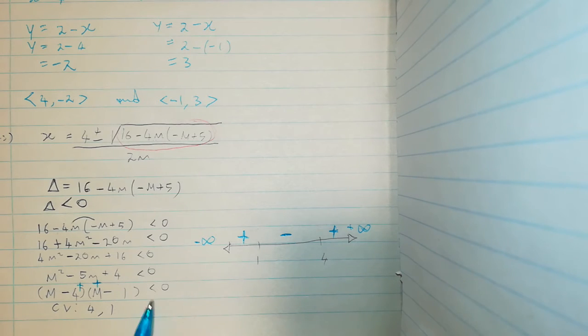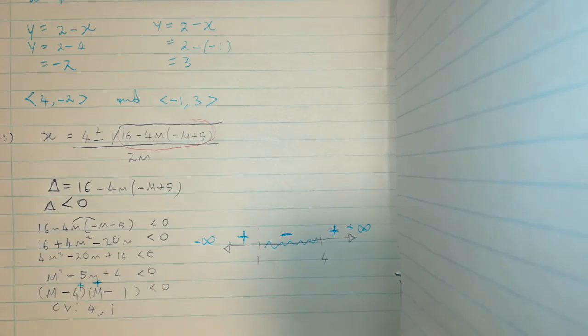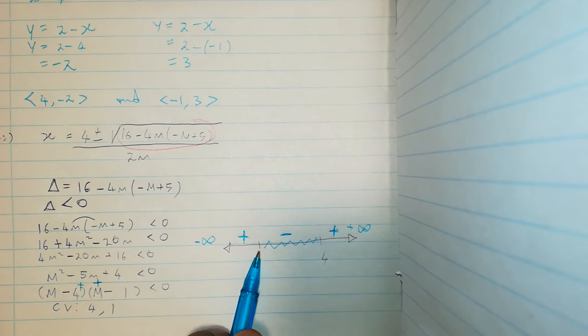So in our inequality, they wanted us to find where it's less than 0. So where it's negative, we will focus on this area where it's negative, right? In this area, we see from the inequality that we're not including the bounds. They are not included because it's not an equal to sign.